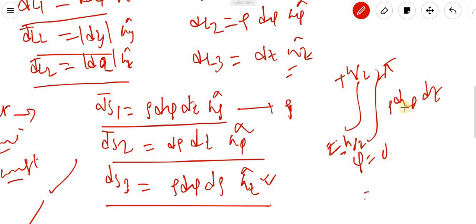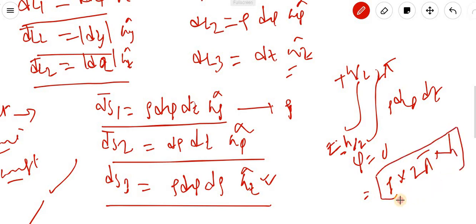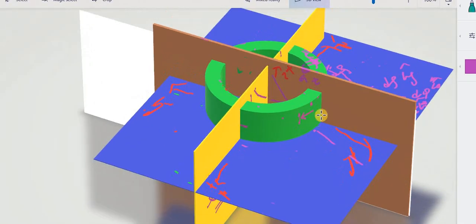So we get rho into 2 pi into h. If rho is r, it is 2 pi r l. This is the outer area of the cylinder.